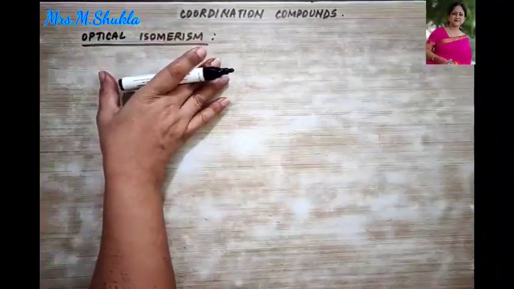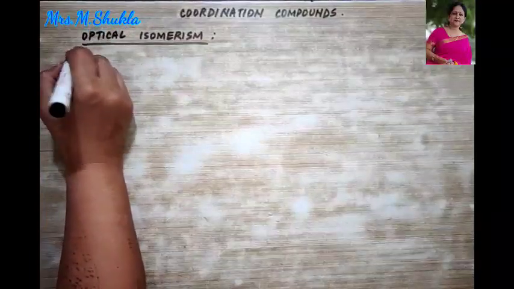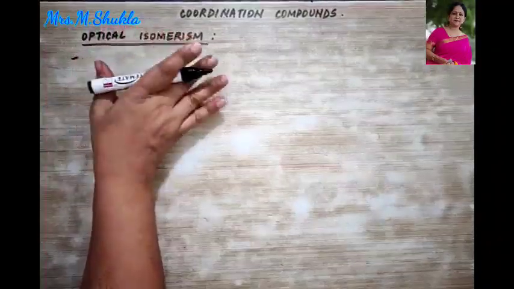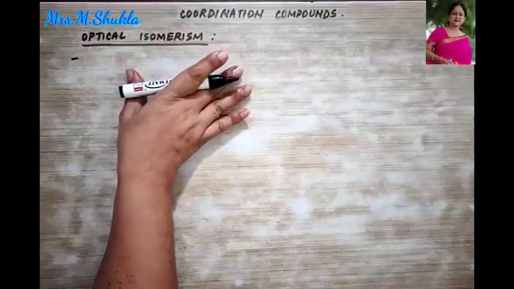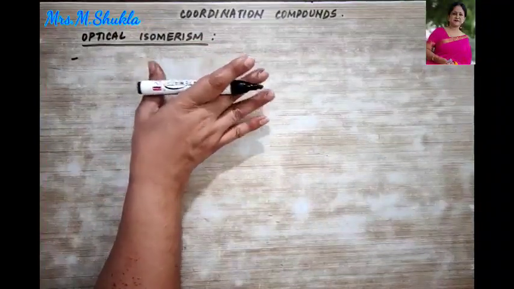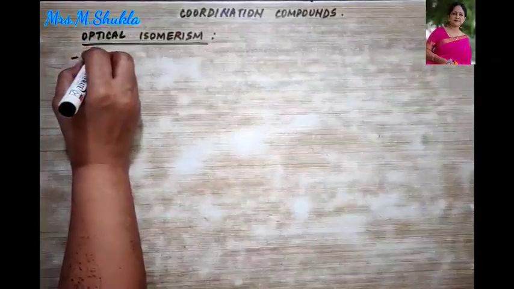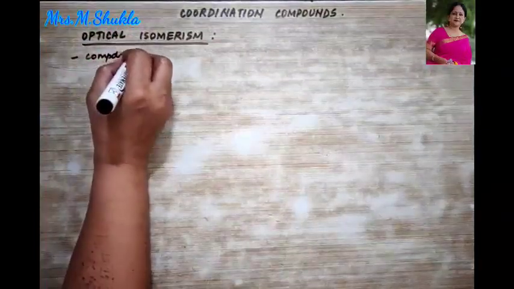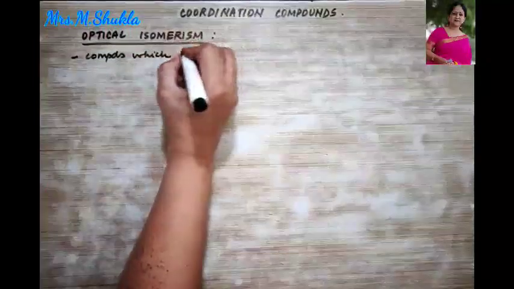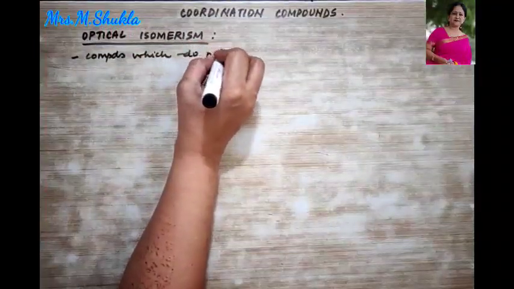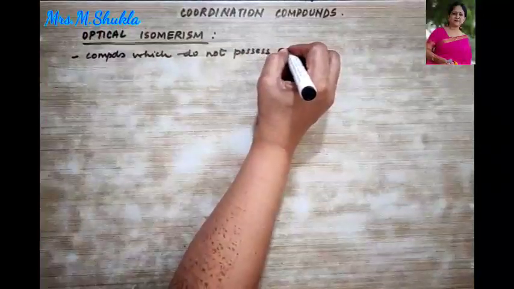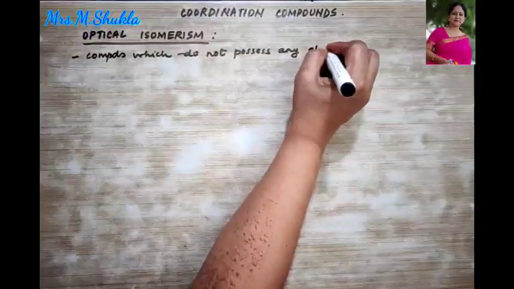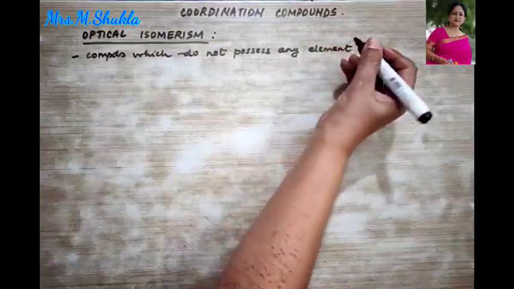To understand optical isomerism, there are 2 points that you need to understand. That is, compounds which do not possess any element of symmetry or chirality, they are optically active.